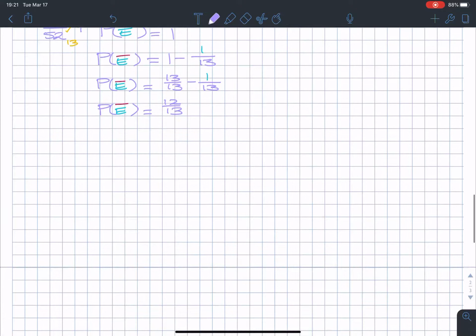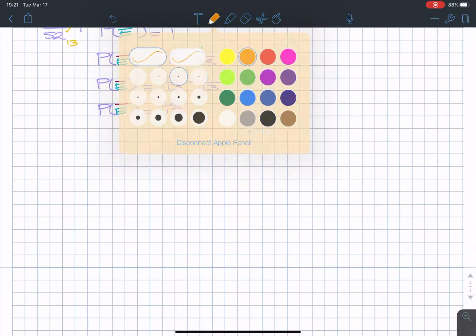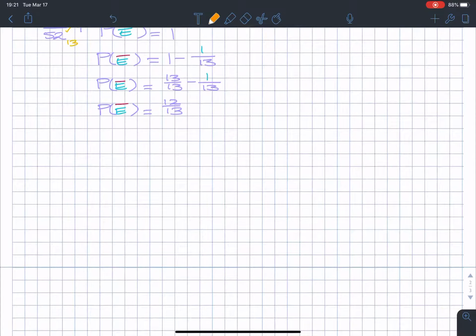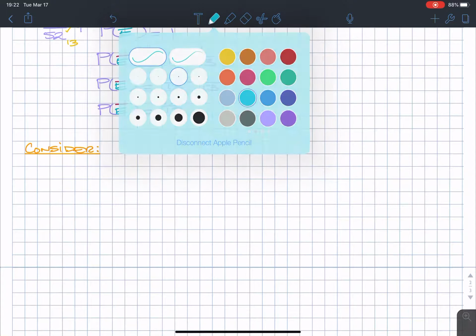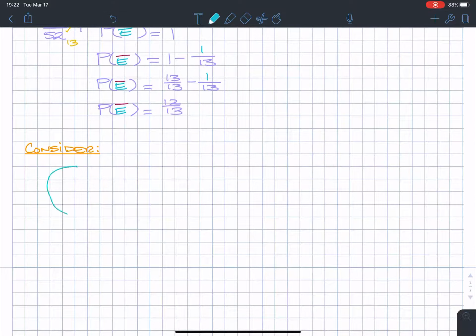Okay, so let's consider one circle. Trying to make it a circle. No, that's terrible. That's not a circle. Will that be a circle? Yes.